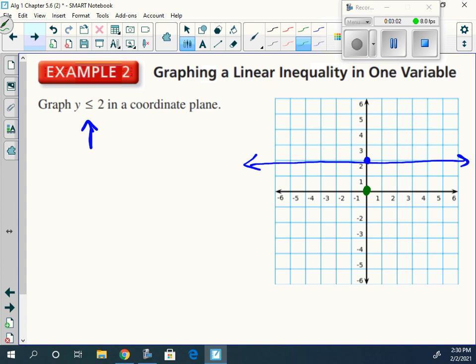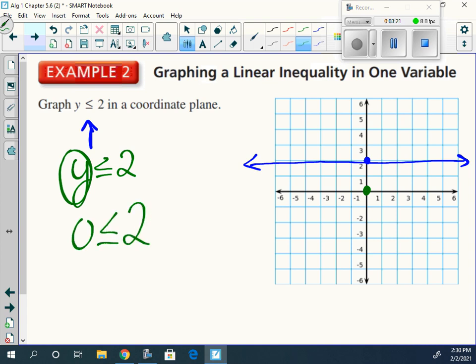They're always 0, 0. It's an easy point to check. So if we plug that in here, there's no x spot, but there is a y. So 0 less than or equal to 2. Is that true? Well, yeah, 0 is less than or equal to 2.